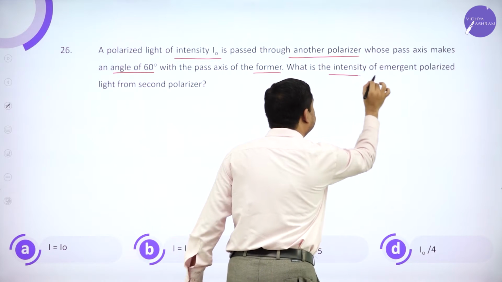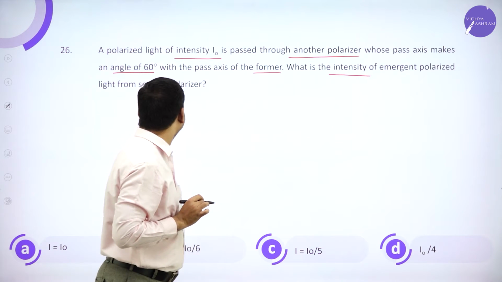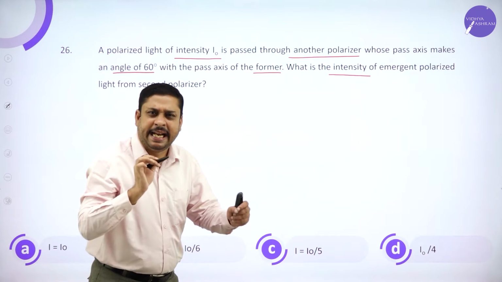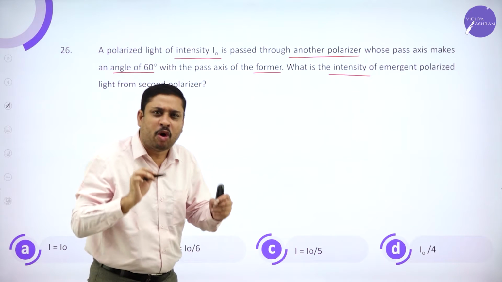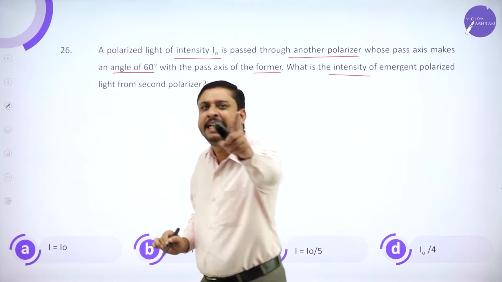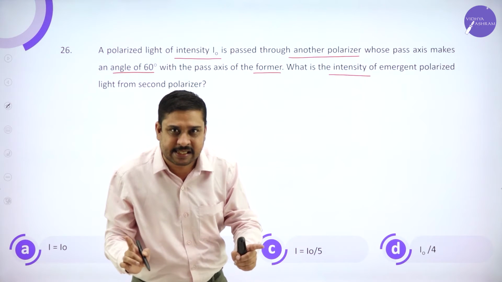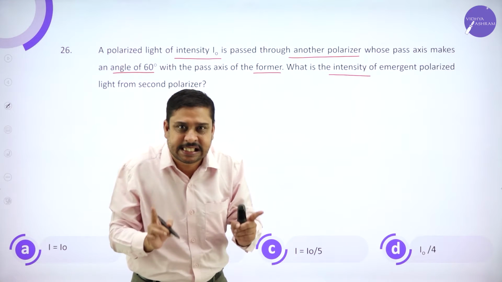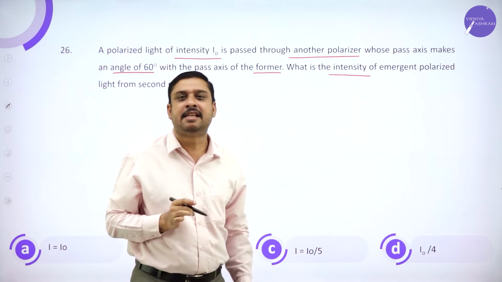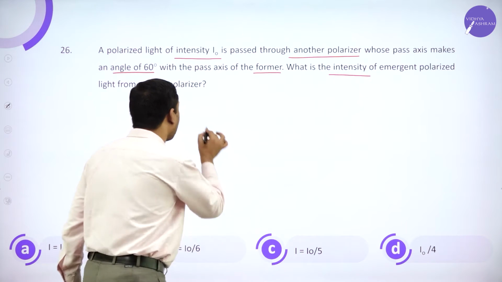What is the intensity of the emergent polarized light from the second polarizer? Intensity, polarizer, pass axis: as soon as these come, it is Malus's law. This is the hint.